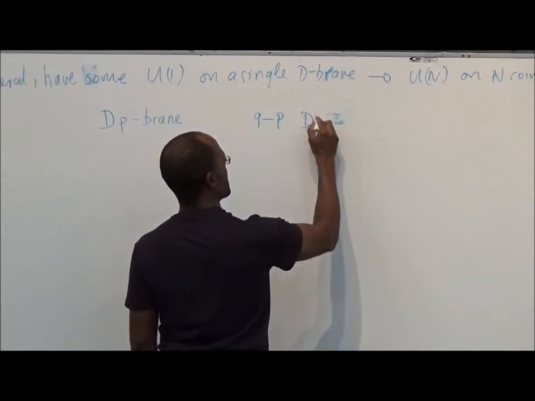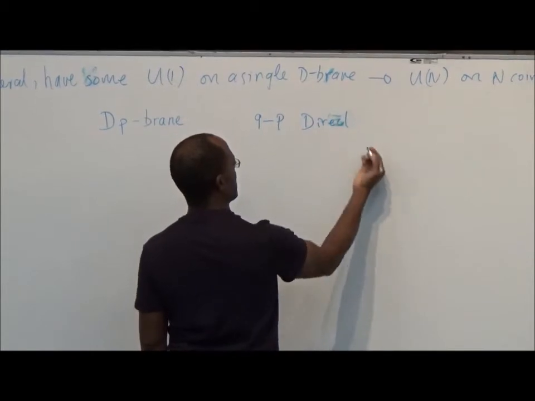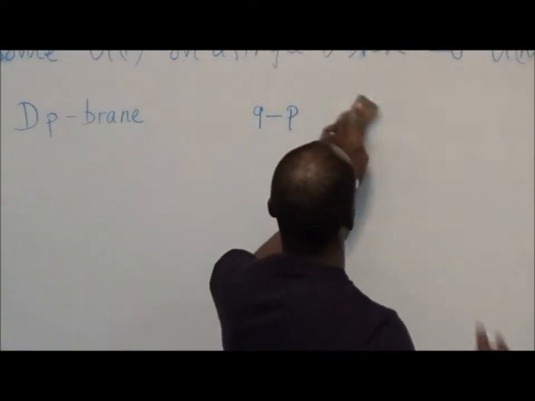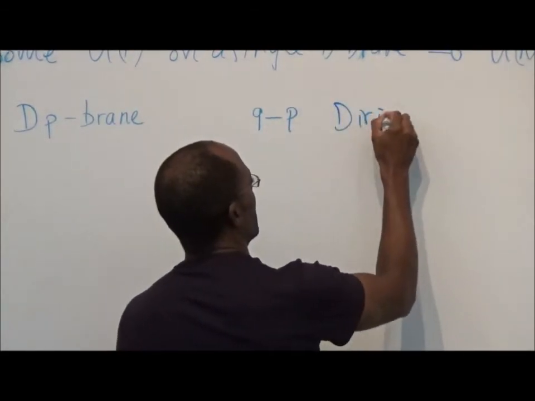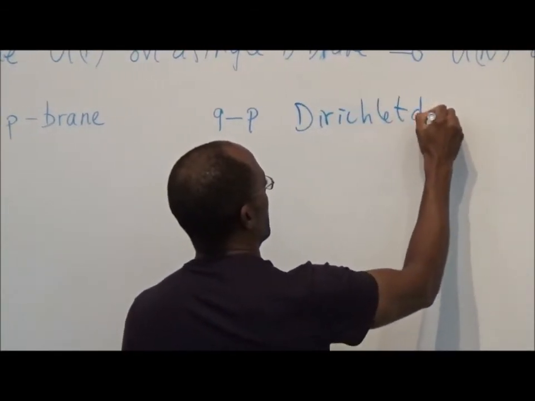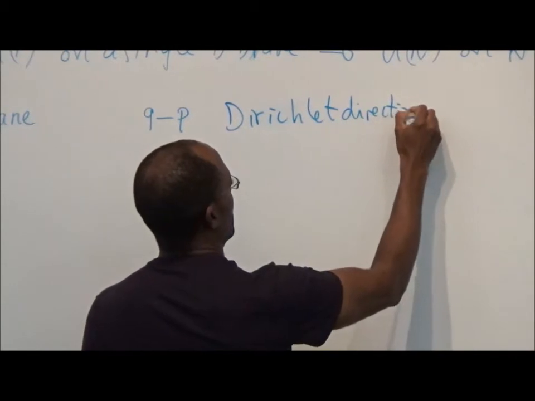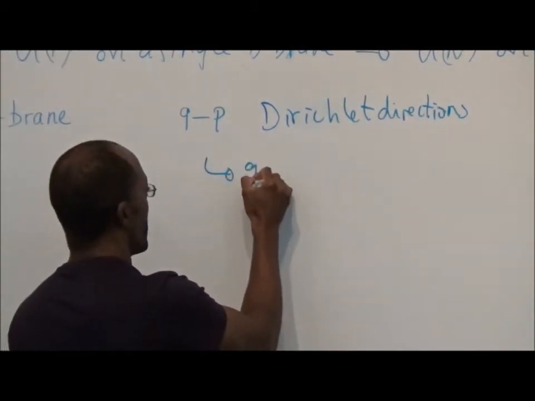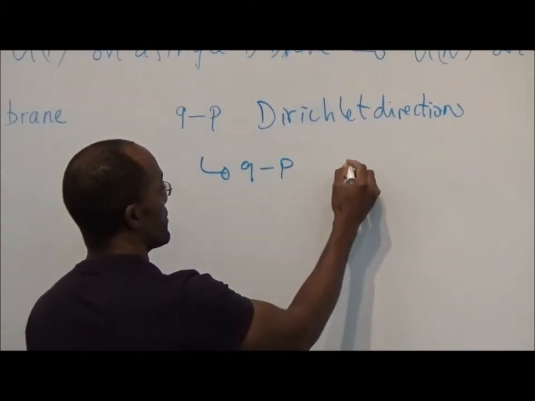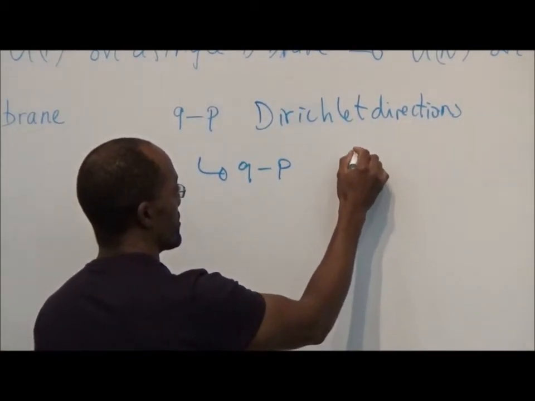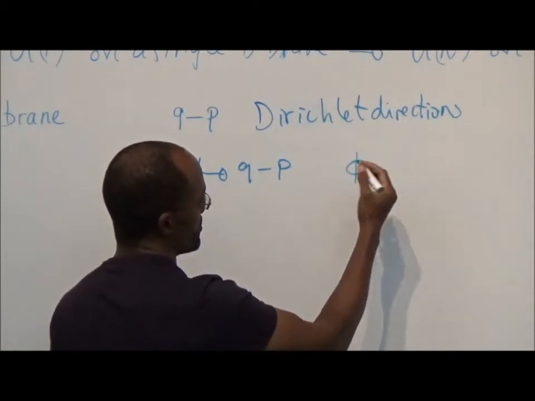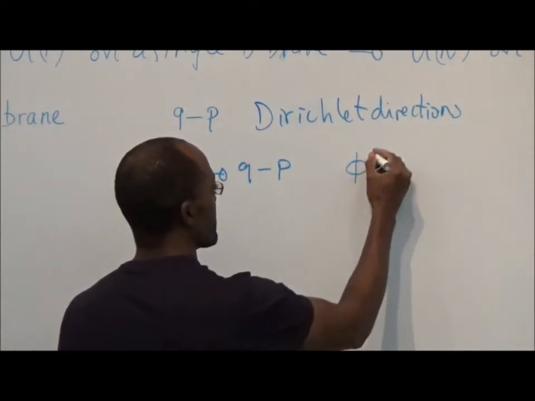D directions. I can't spell. Okay, that will also translate into 9 minus p scalars. Right, so let me give the scalars an index, I.